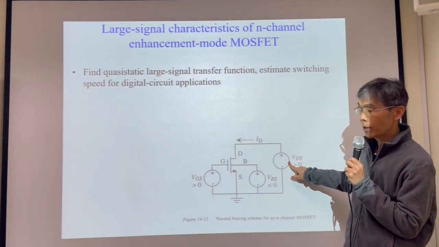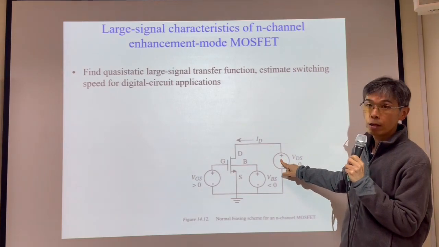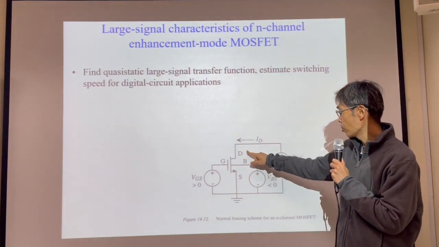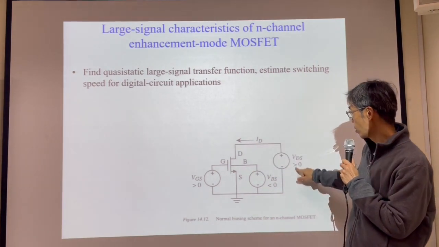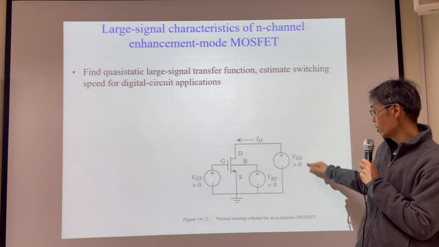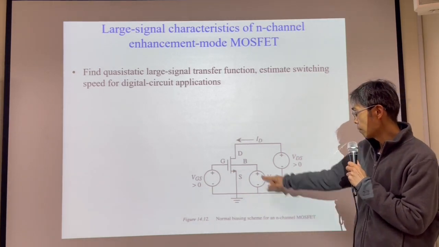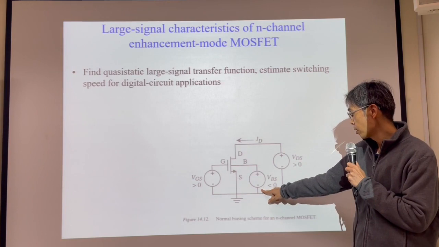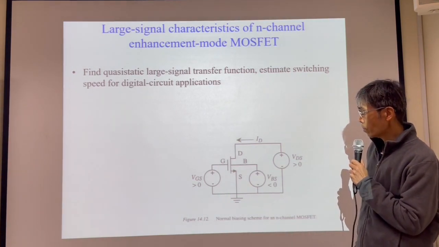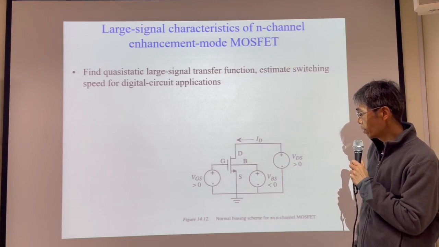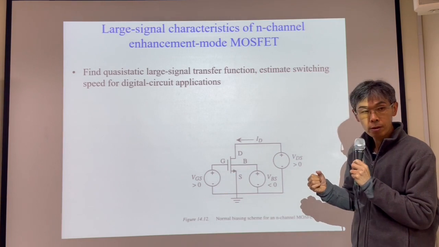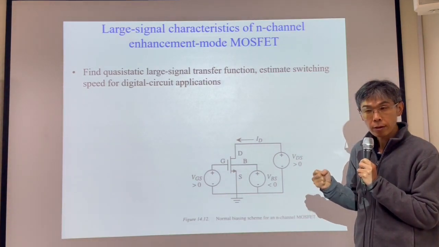For all amplifiers, we need to supply power. So this is the power supply to the drain. S is grounded, so VDD greater than 0. And the substrate voltage VB is more negative than the source.